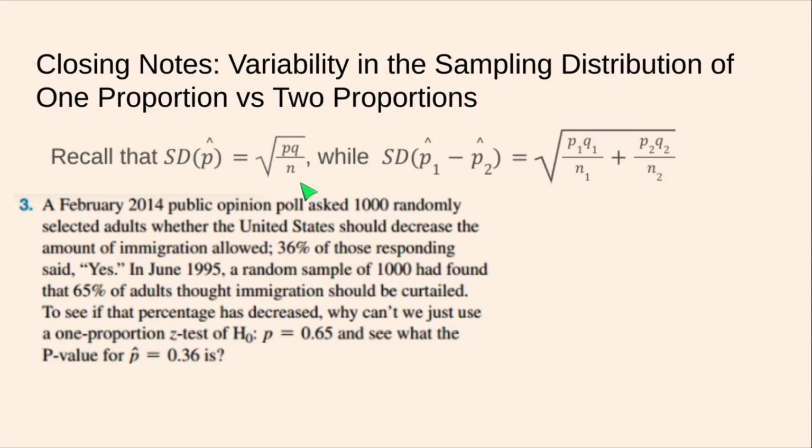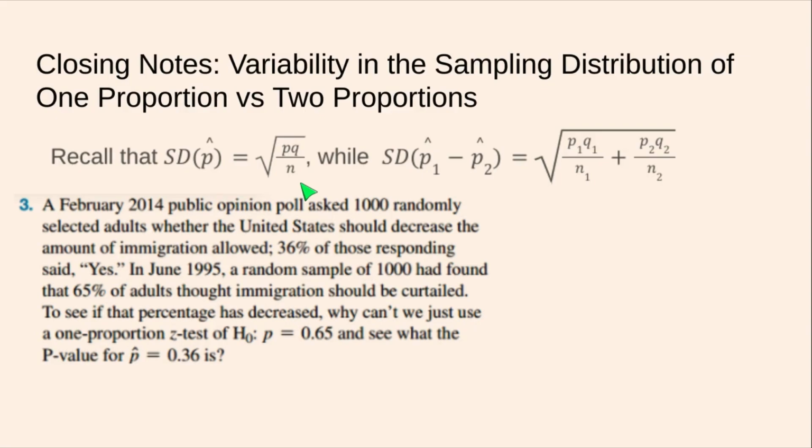A February 2014 public opinion poll asked 1,000 randomly selected adults whether the U.S. should decrease the amount of immigration allowed. 36% of those responded yes. In June 1995, a random sample of 1,000 had found that 65% of adults thought immigration should be curtailed.